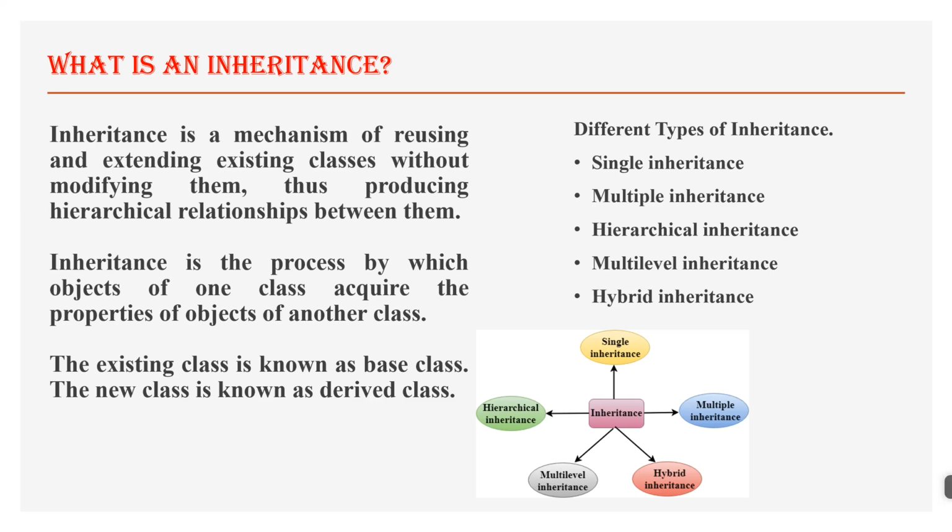So like this, we have got multiple inheritance. Multiple inheritance means I have one derived class which is inheriting different properties from different base classes. So a derived class is inheriting the properties from multiple base classes, that is multiple inheritance. Like this, you have hierarchical inheritance, wherein we have grandfather, father, and son.